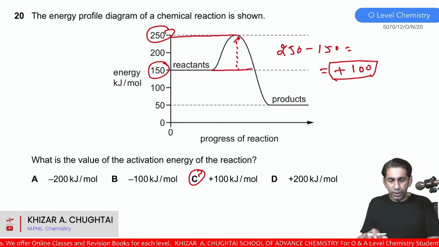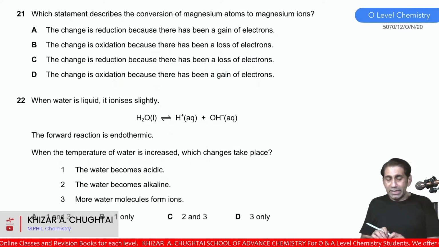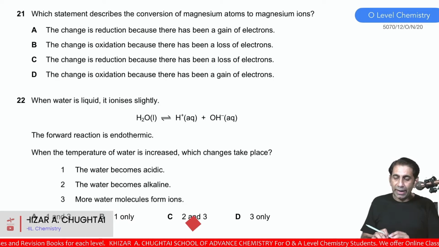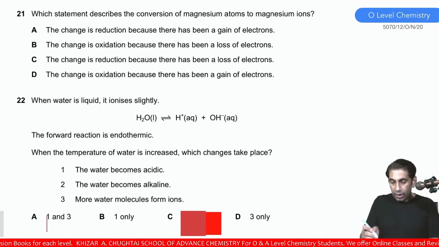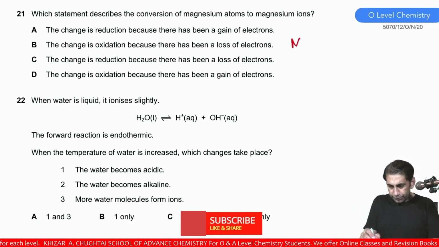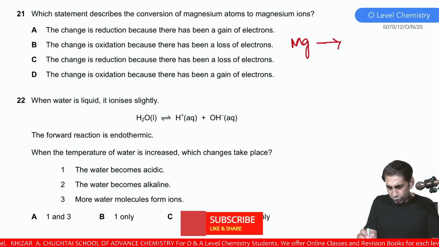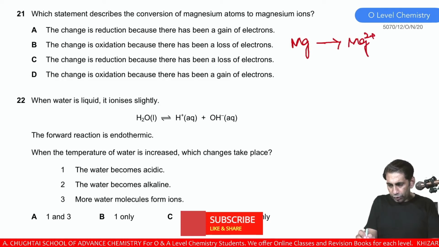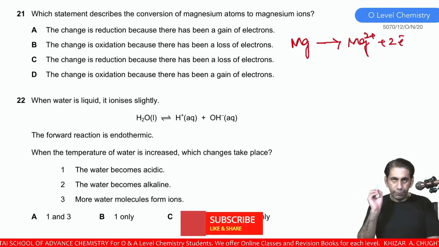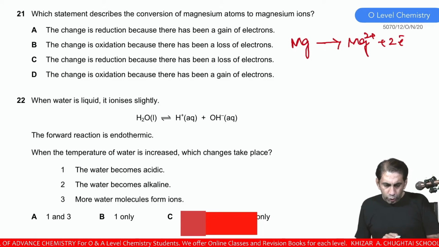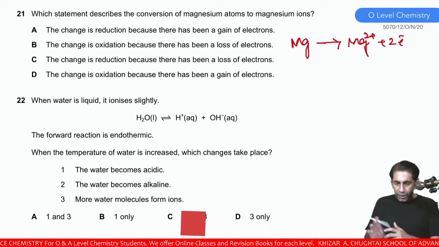Question number, the next one, 21. Which statement describes the conversion of a magnesium atom to a magnesium ion? I am going to write its equation: magnesium goes to magnesium 2+ ion plus 2 electrons. So, which statement describes this conversion?